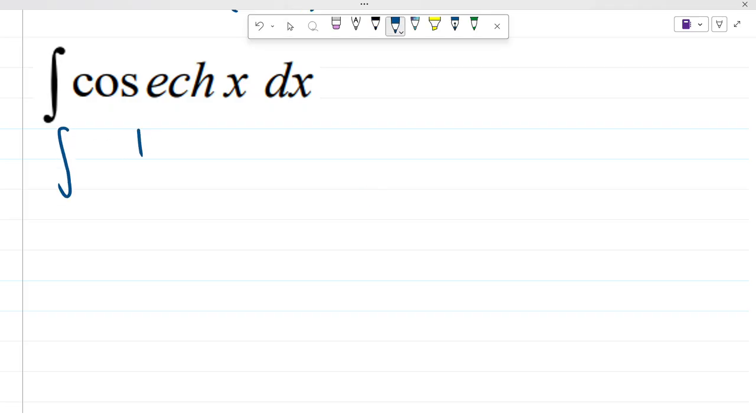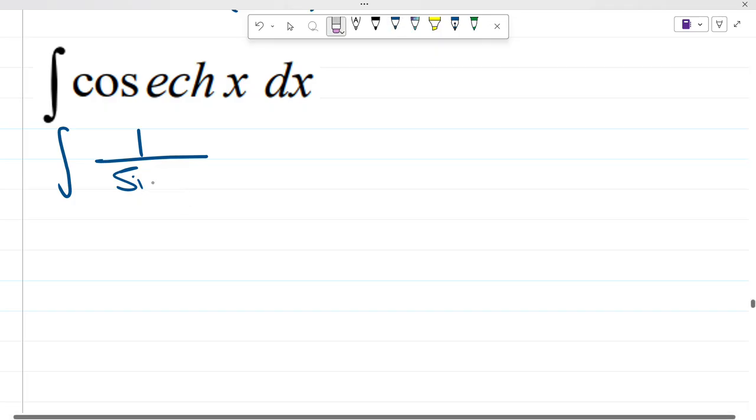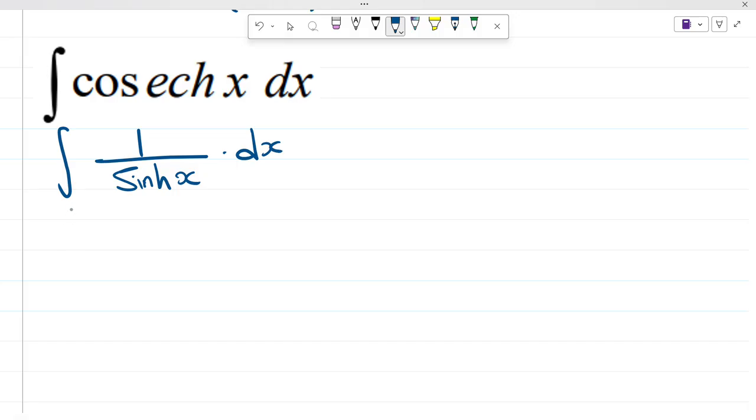So this is the same as 1 over hyperbolic sine of x dx. And then the second step is to multiply by 1.